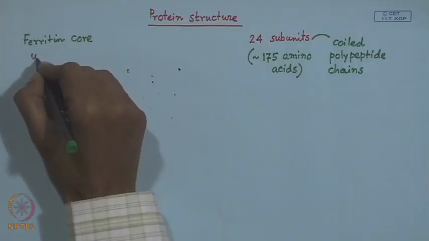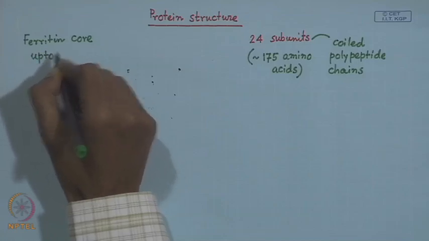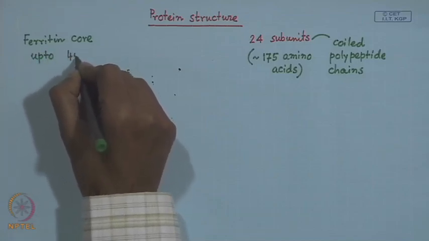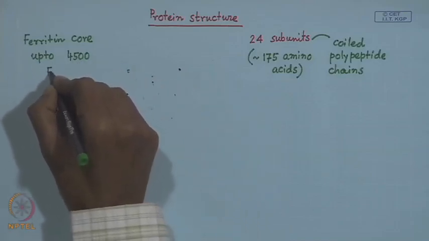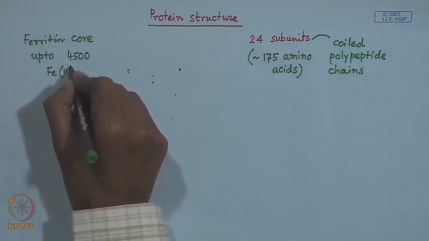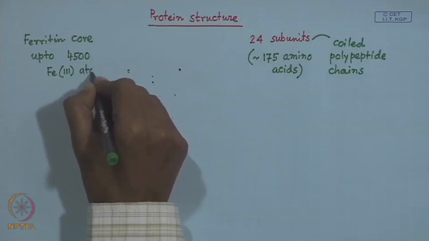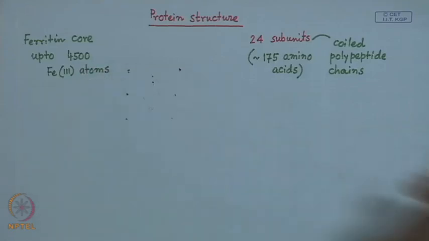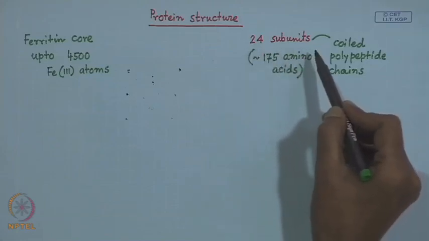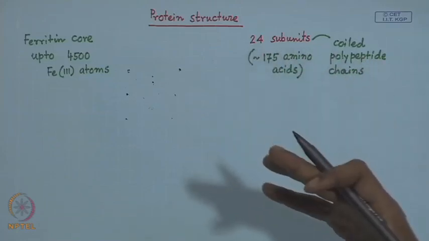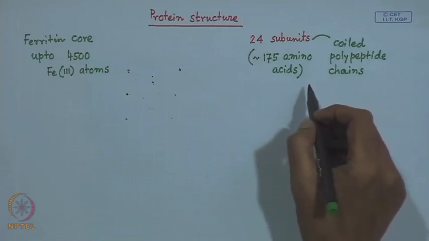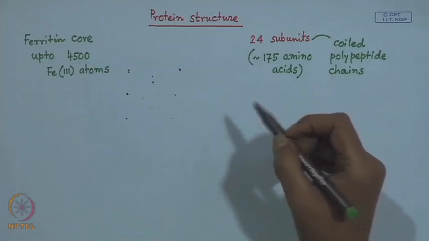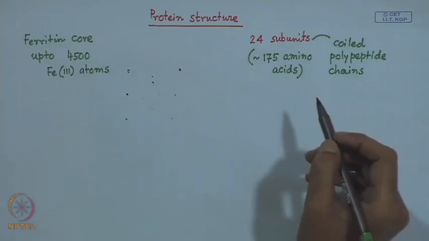So, it can accommodate basically up to 4,500 iron atoms. And you see now you have 24 subunits which has a typical 3-dimensional structure that we will see, and in that 3-dimensional structure we accommodate the 4,500 iron atoms.